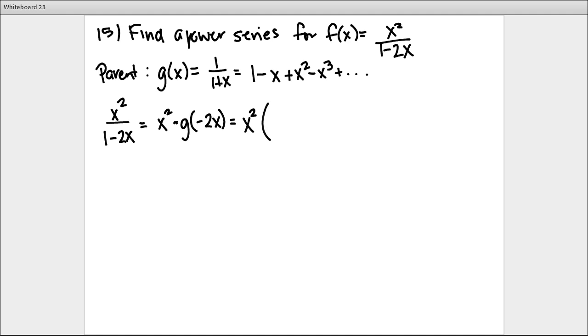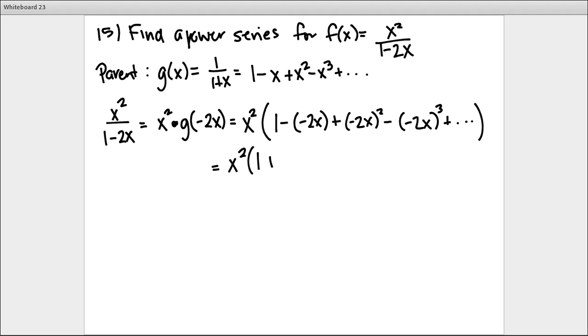And so I'm going to leave the x squared out front, and I'm going to be plugging in a negative 2x into all of the x's. So 1 minus negative 2x, and then plus a negative 2x squared, and then a minus negative 2x quantity cubed, and it keeps on going like that. I'll simplify inside the parentheses first, and that'll give me a 1, and then a positive 2x.